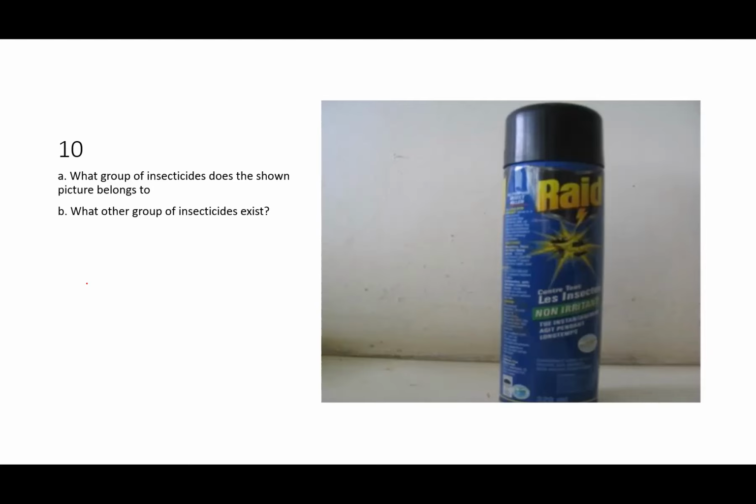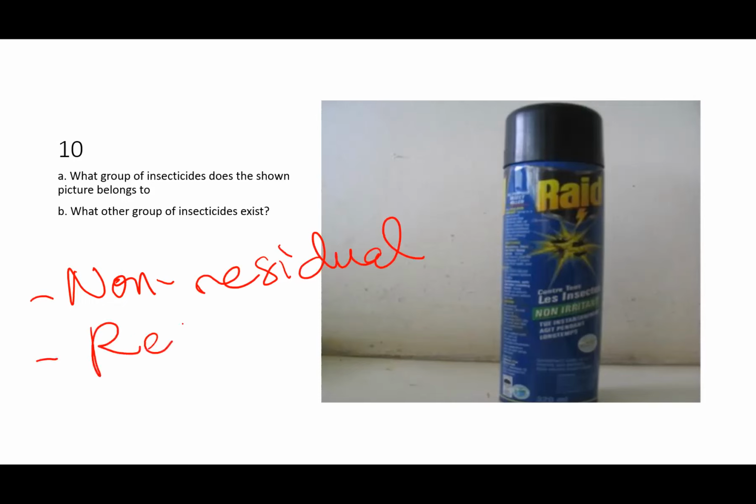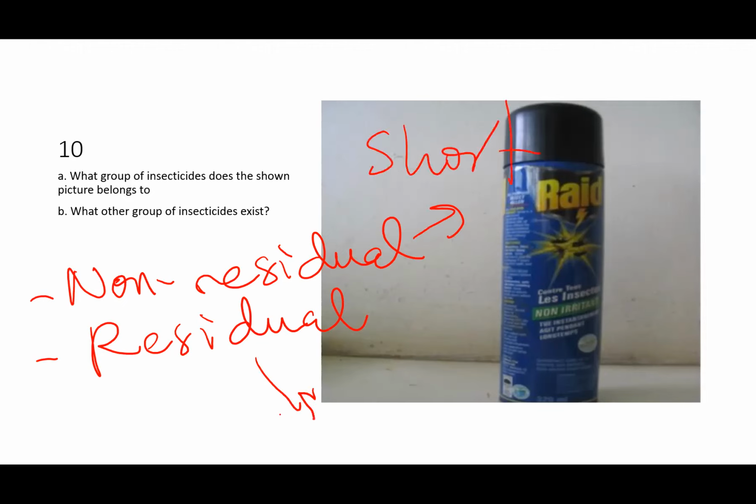So there are two types, non-residual and residual. The duration of contact on surface is short for non-residual, while for residual, the duration of contact to surface is long, for days.